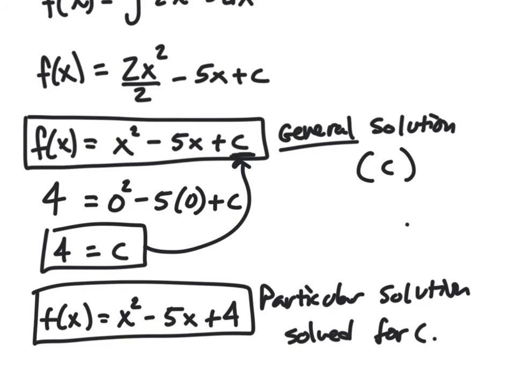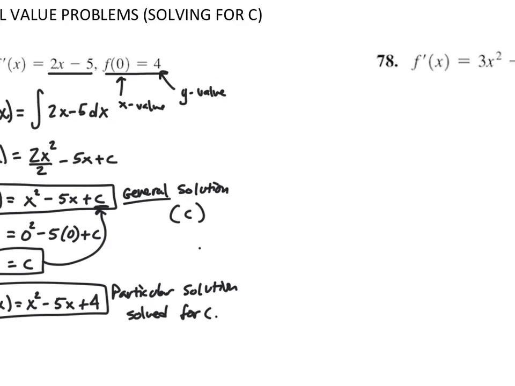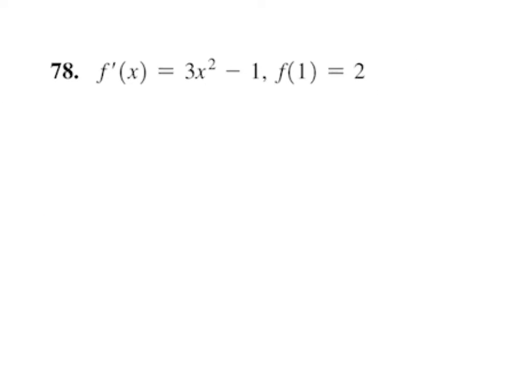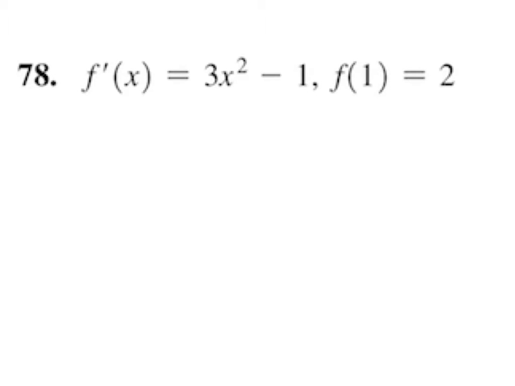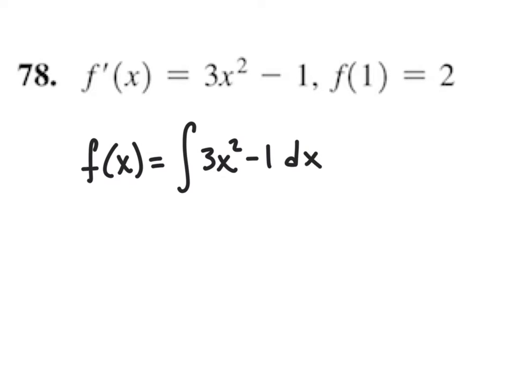So let's take a look at the next one, number 78. It gives me the derivative, and I want to find the original function and solve for c. So I'm going to write that my original function f of x is equal to the antiderivative of 3x squared minus 1 dx.